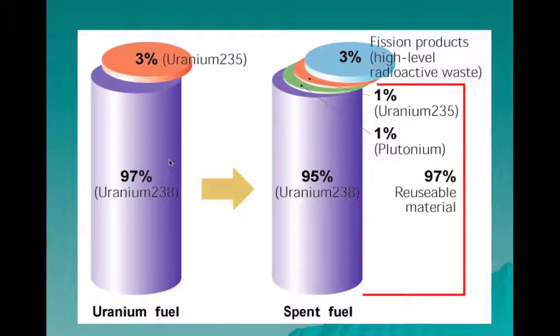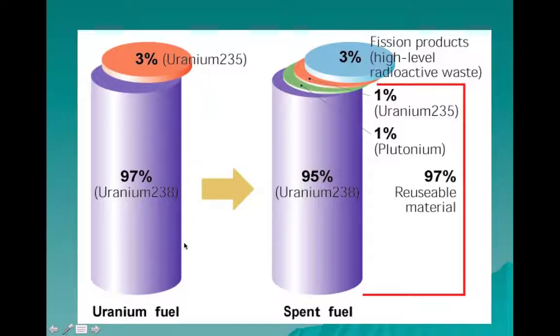Okay, so here there's a diagram of the original uranium fuel. If you remember from before, only 3% of it is this isotope, uranium-235. The rest is non-radioactive, but just this 3% is enough to make it that powerful and contain that much energy.